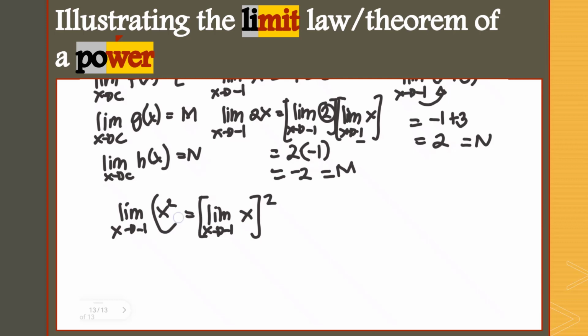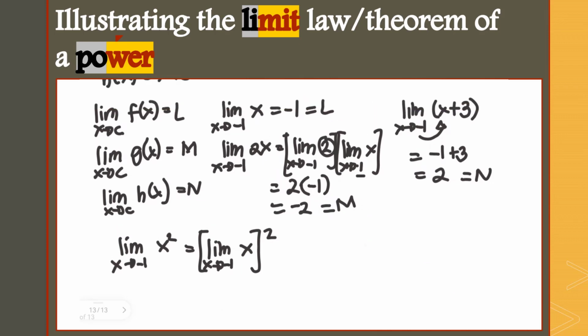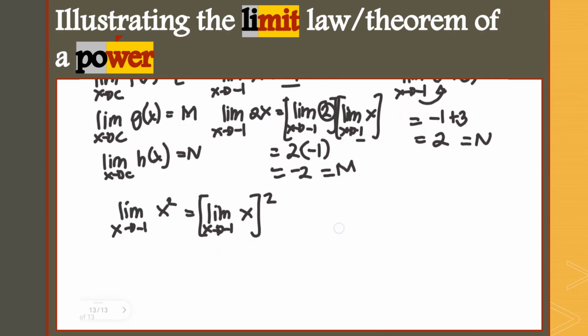If you have a power for a function, you take the simplest form of the function and you have your power after you solve for the limit. We know that the limit of x is -1, so this is actually (-1) squared, which will give us +1. Take note, if you're going to use direct substitution here, you will have (-1) squared, which is also equal to 1. Again, this is very easy to understand because this is very simple.